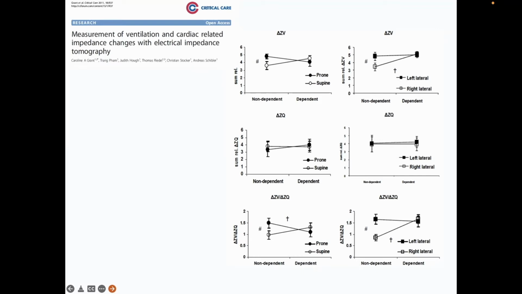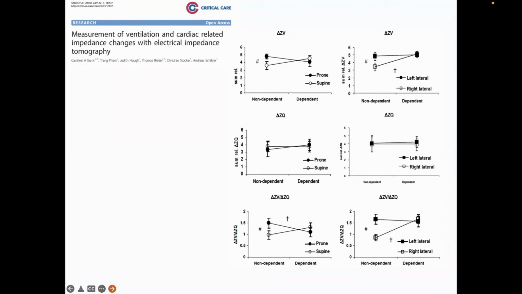Now the perfusion, you can look again in the middle graph, there's not much difference between ventilation and perfusion. Perfusion is not much different between prone and supine. Like I showed in the MRI picture, there's not much gravity-dependent distribution changes happening between prone and supine.